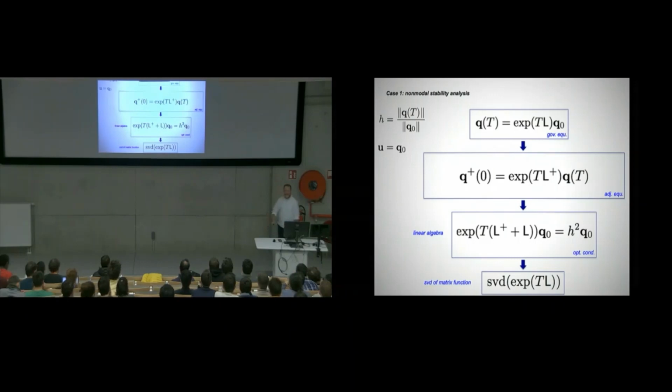That is classical non-modal analysis. You take the matrix exponential, you hit it with an SVD, the singular values give you the maximum gain, and the principal left and right singular vectors give you the best input and the best output. So this is a special case of that optimization around and around.